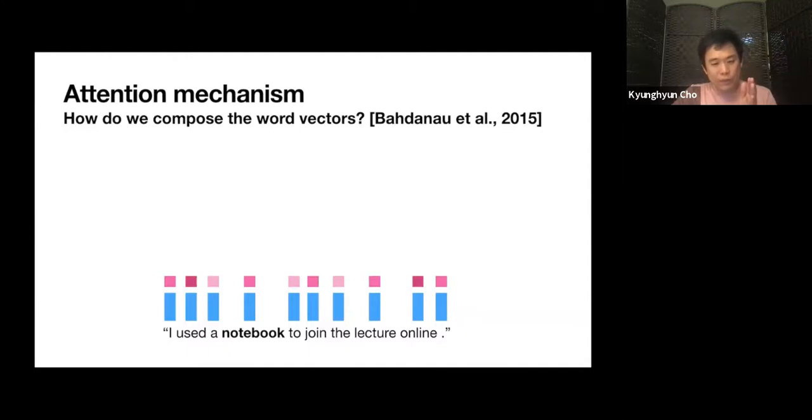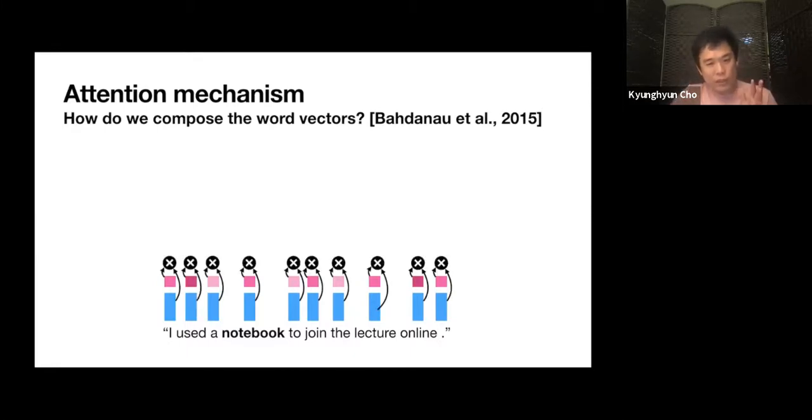Now, if a word in this context is important for resolving this ambiguity, then that word is going to receive a very high attention weight, while the words in the context that do not contribute to resolving this ambiguity will not receive a high attention weight.